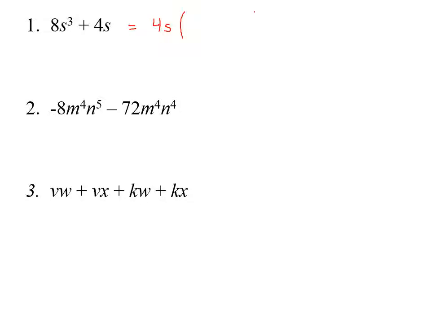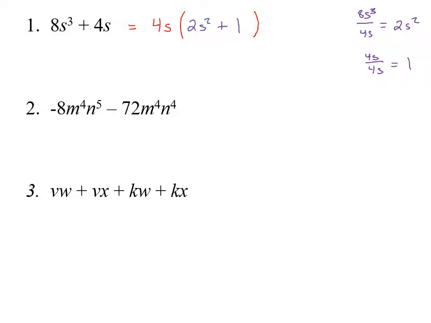What that leaves me with is what I would get if I was to divide each one of those things. So if I was to divide the 8s cubed by the 4s, I would get 2s squared. Or if I was to divide the 4s by the 4s, I would just get 1.